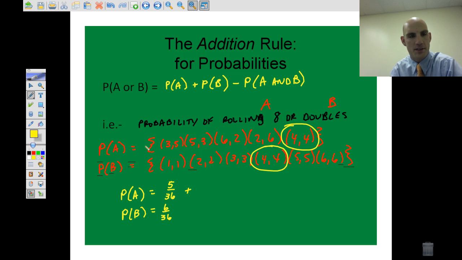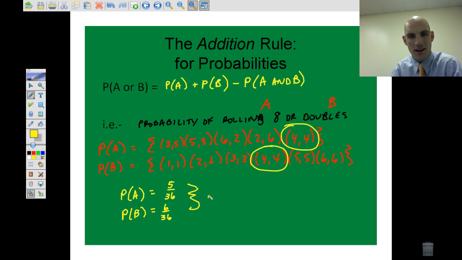But if we think about this for just 1 second, we have an overlapping event in there, right? Because what we have is one that is counted twice. So the probability of A and B is going to be one event.